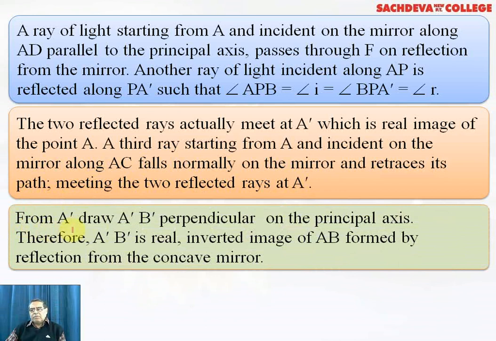So all this we can go through from the figure as described earlier, and from A dash draw A dash B dash perpendicular on the principal axis. Therefore A dash B dash is the real inverted image of AB formed by reflection from the concave mirror.